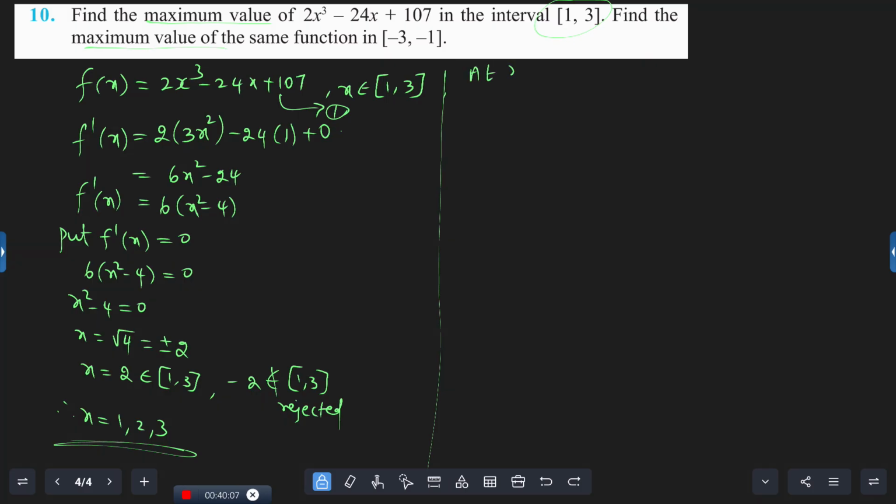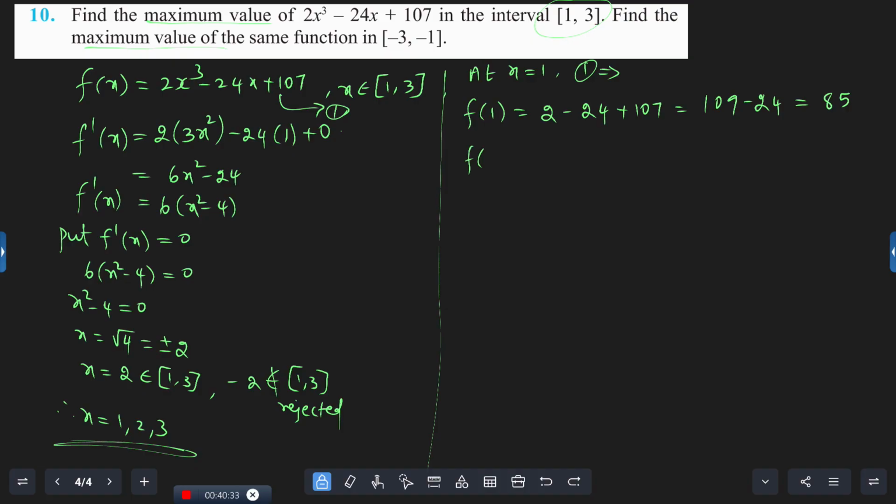At x = 1, f(1) = 2 × 1³ − 24 × 1 + 107. That is 109 minus 24. When you subtract, I get 85.